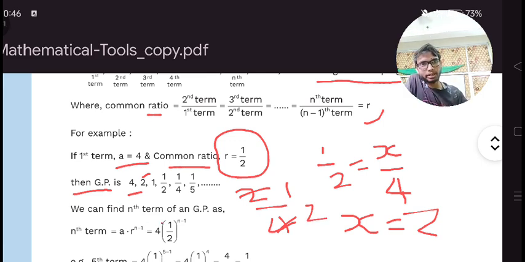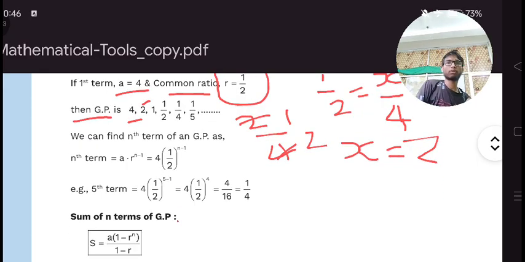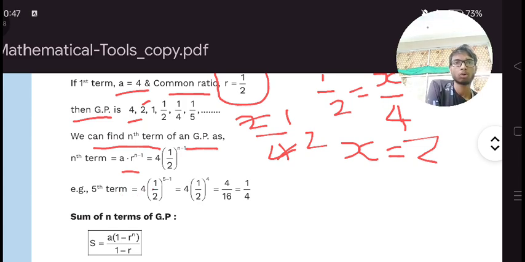We can find the nth term. Remember, n is nothing but just the position of a term. So we can find the nth term of a GP by this formula: nth term is a into r raised to power n minus 1. Here a is 4, and r is 1 upon 2. For example, we want to know the fifth term.